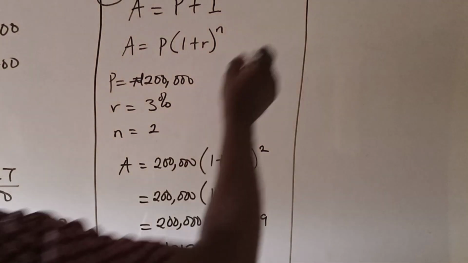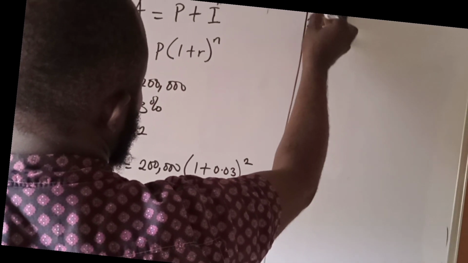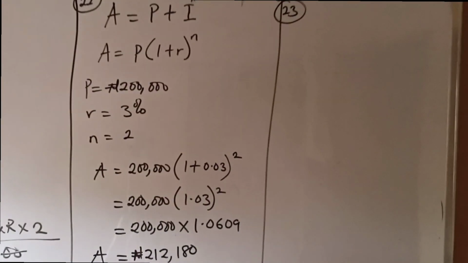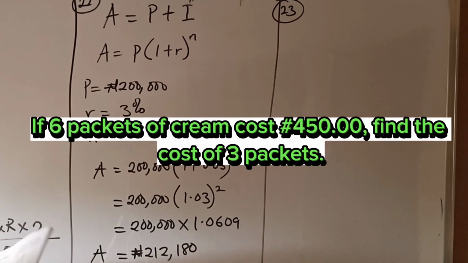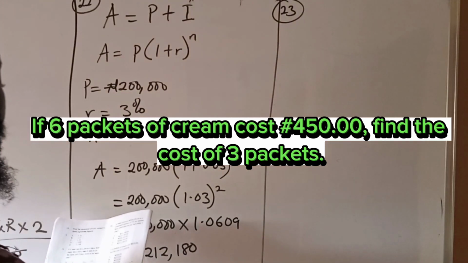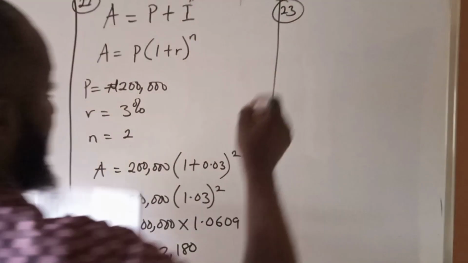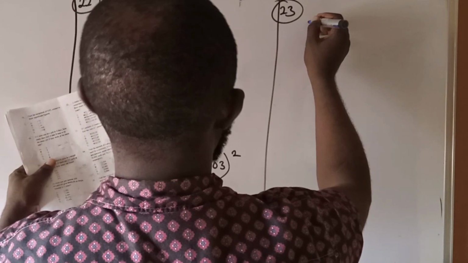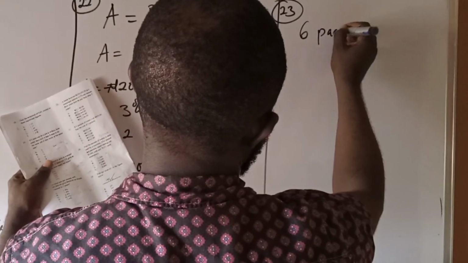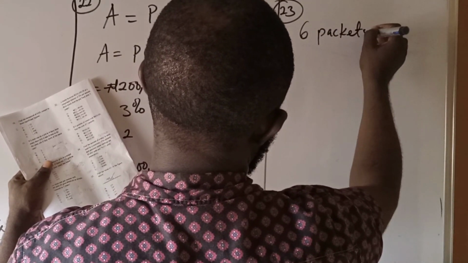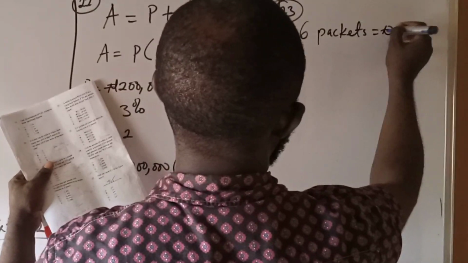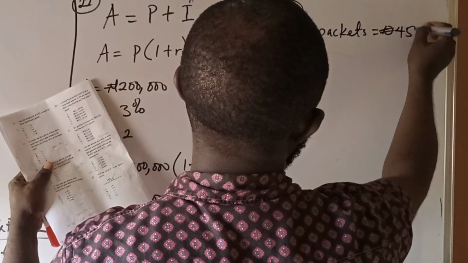So move to question 23 now. Question 23. If 6 packets of cream cost 450 naira, find the cost of 3 packets. So the first thing, 6 packets equals 450 naira, right?